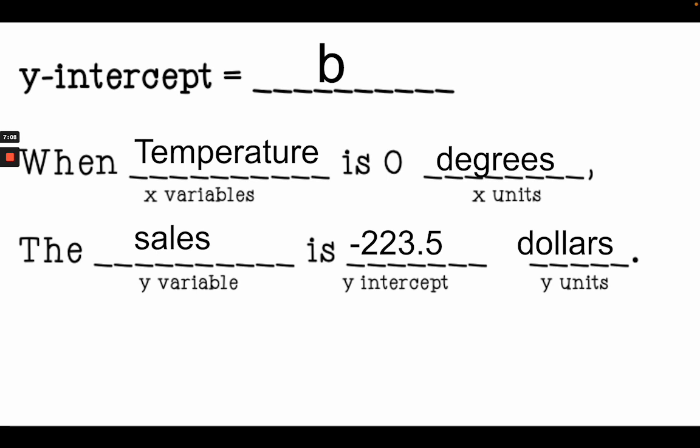We're losing money. Okay, so again, I also put these hints down here so that you can just use this as fill in the blank. Again, this is when we're interpreting linear regression for a y-intercept. When x variable is 0 x units, the y variable is y-intercept y units. Okay, we're just plugging and chugging.